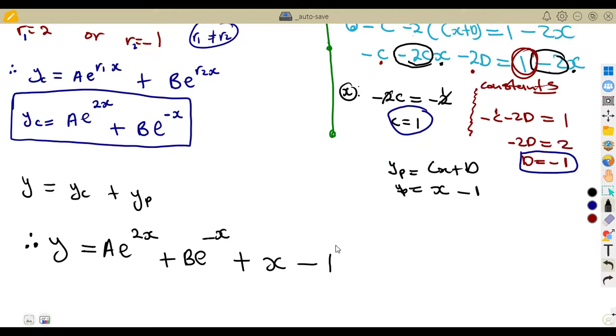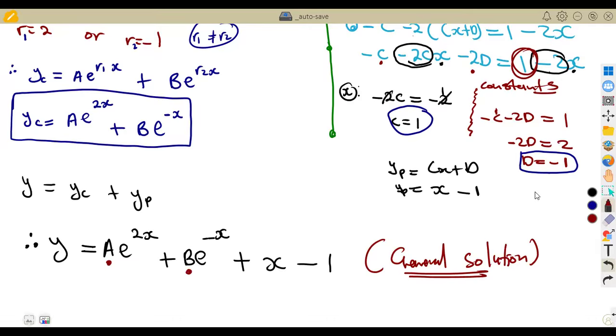All right, so this is what we're going to ask ourselves now: how are we going to find the value of A and B? Because this part that we see is called the general solution. All right. So there we have got the general solution, with A and B as our constants.